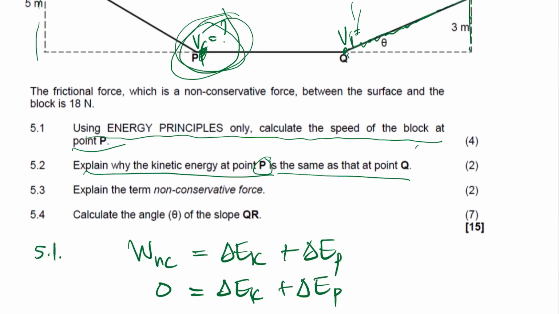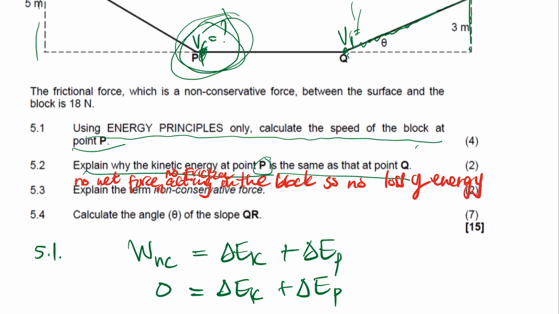So the answer there will be: no net force acting on the block, no friction acting on the block, because no other force is acting there, and that surface is frictionless. So no loss of energy. There's no loss of energy there.